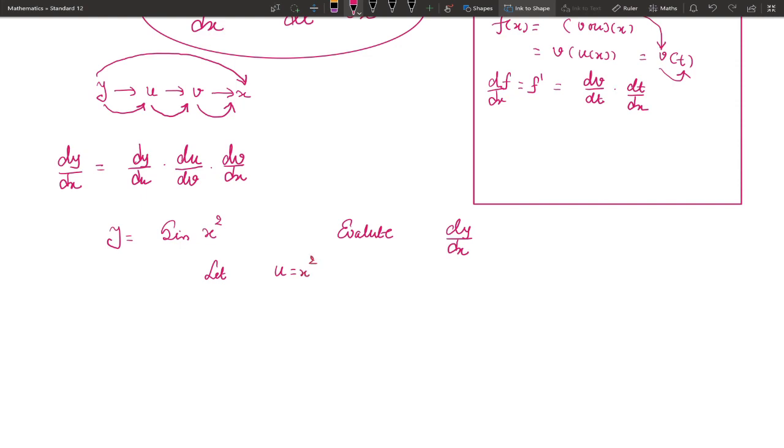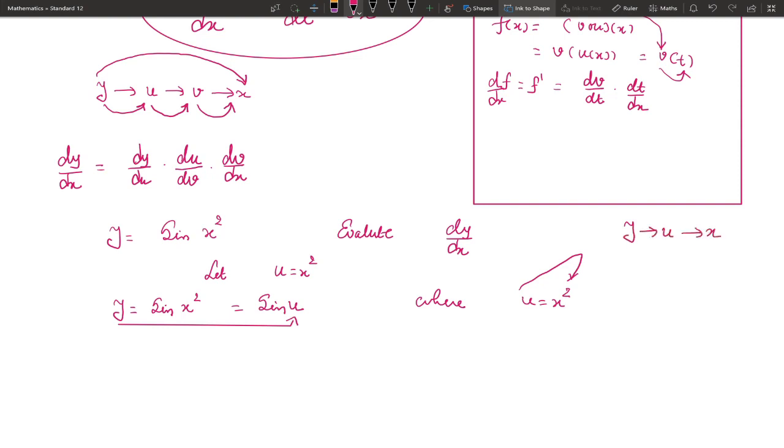So in this case y equal to sine x square, that is sine u, where u equal to x square. So you can observe y is a function of u, and u is a function of x. Now we have to differentiate y with respect to x.